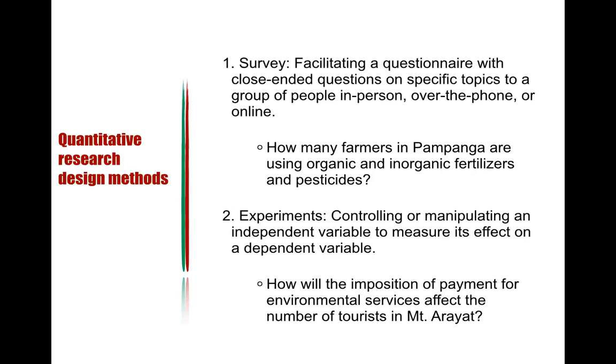So sa survey mo doon, you'll probably have a question, gumagamit ka ba ng organic fertilizer? Gumagamit ka ba ng inorganic fertilizer? Yes or no? Gumagamit ka ba ng organic pesticide? Yes or no? Gumagamit ka ba ng inorganic pesticide? Yes or no? Right? So yung farmer na makukuha mo will just keep on ticking.